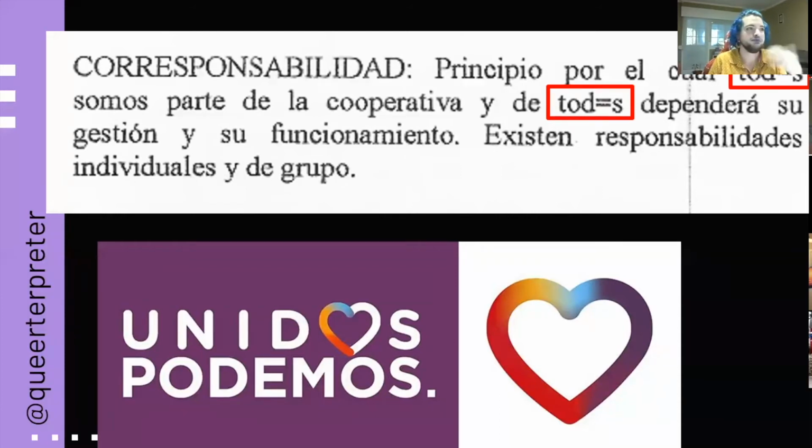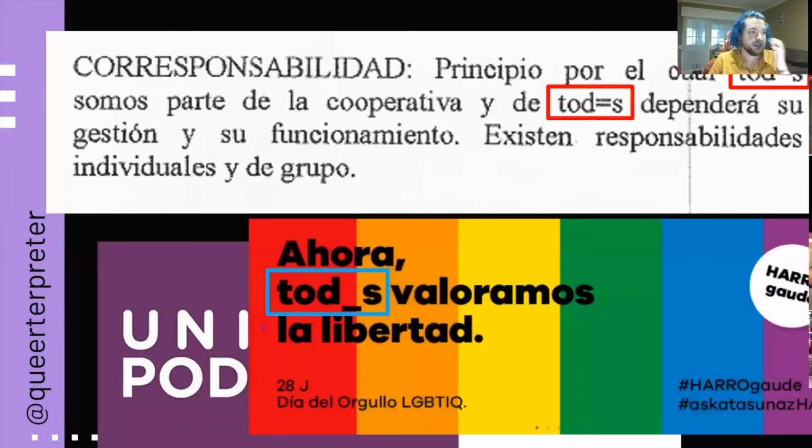They are opting to put equality above the norm and above men and above the neutral, whatever you want to call it. And there's another example on here from the Basque Country Pride from this year, which I believe didn't even happen, but you know they tried, which has an underscore so that you can fill your own gender in.